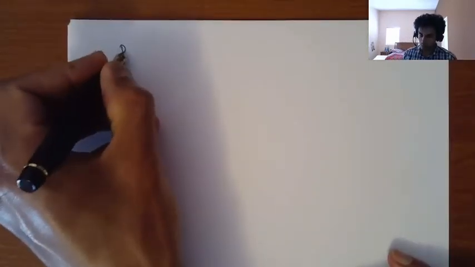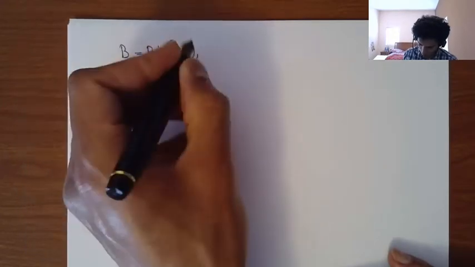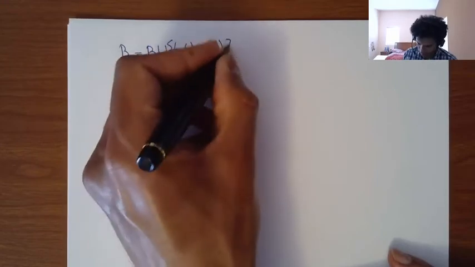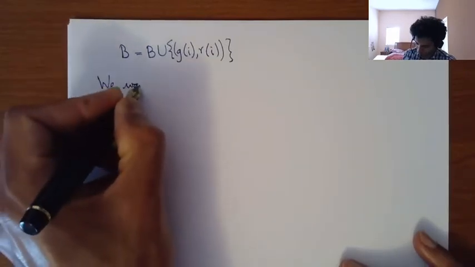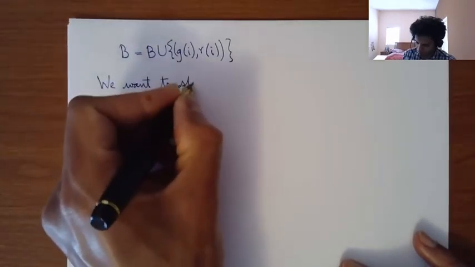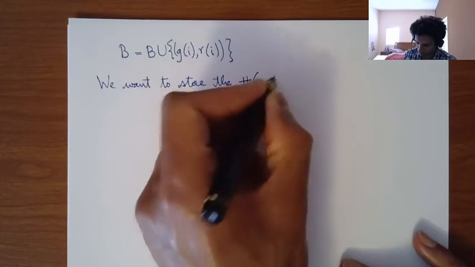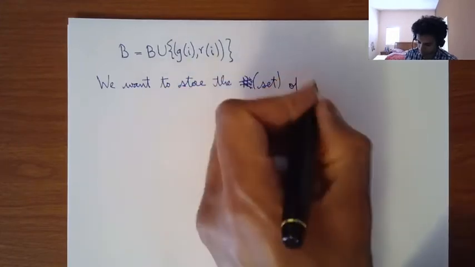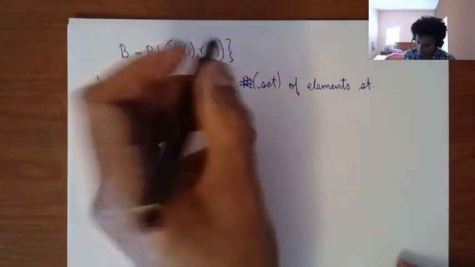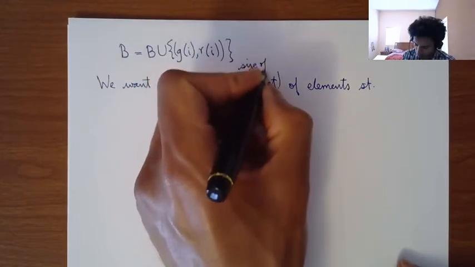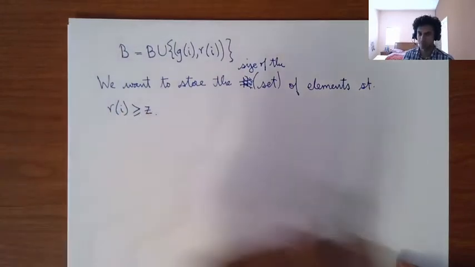So remember, we did B is equal to B union G of I comma R of I. You'll see that we need this. We want to store the size of the set of elements such that Ri is greater than or equal to z.